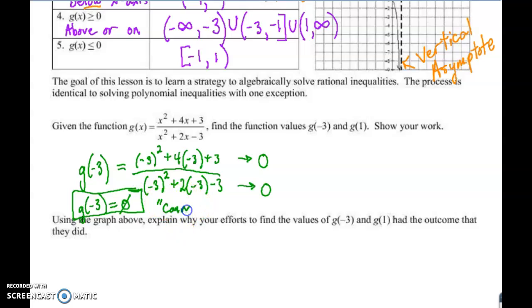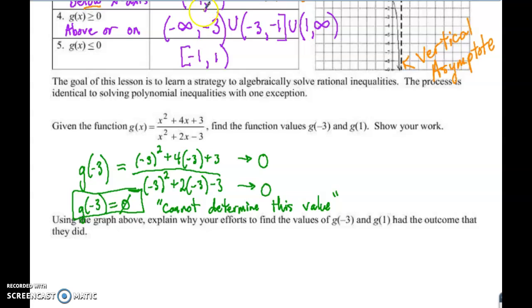Cannot determine the value. And the real premise behind this, and you may go back to Unit 1 and think about it, is if we're dividing by 0, then it's no longer part of the domain. If it's not part of the domain, it's undefined. So that might be a better way of thinking of it.